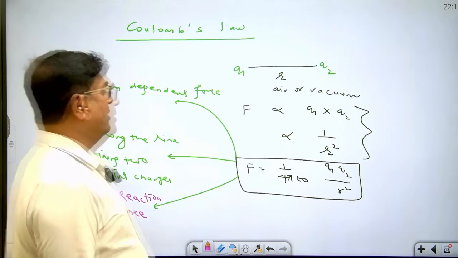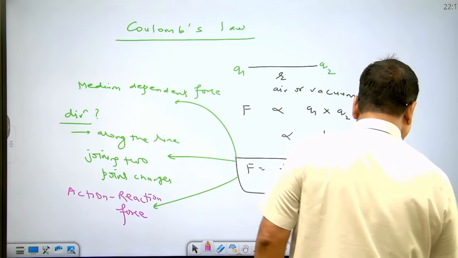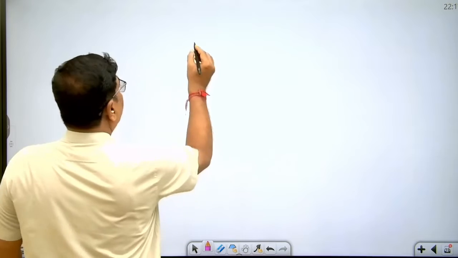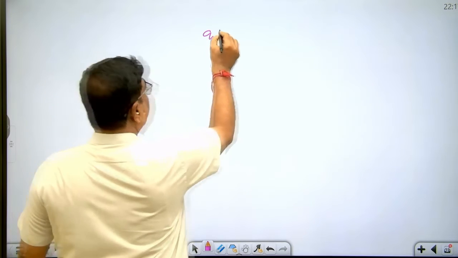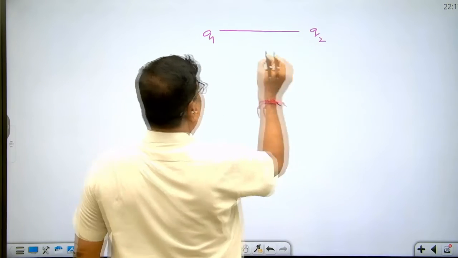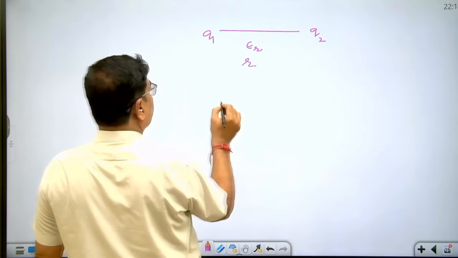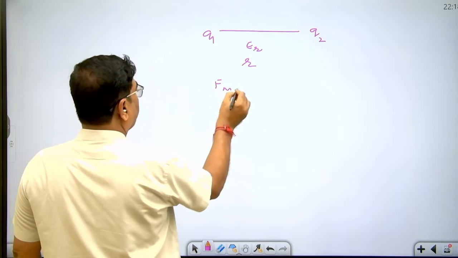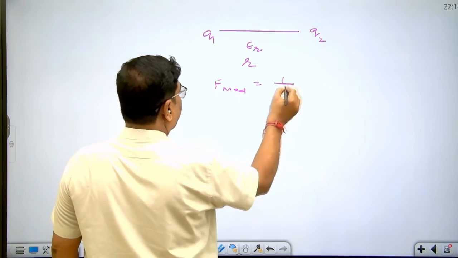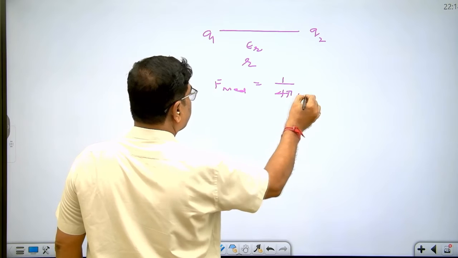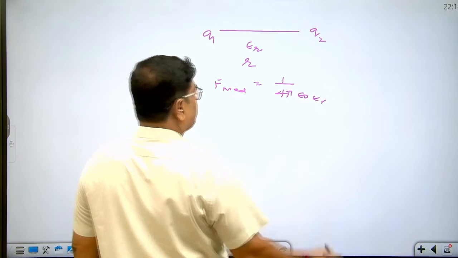Now if you talk about this force in a medium, if these two charges Q1 and Q2 are kept in a medium of dielectric constant epsilon r at a distance r, then in the medium you can write the formula F medium equals 1 upon 4 pi epsilon 0 epsilon r into Q1 Q2 upon r square. What is epsilon r?